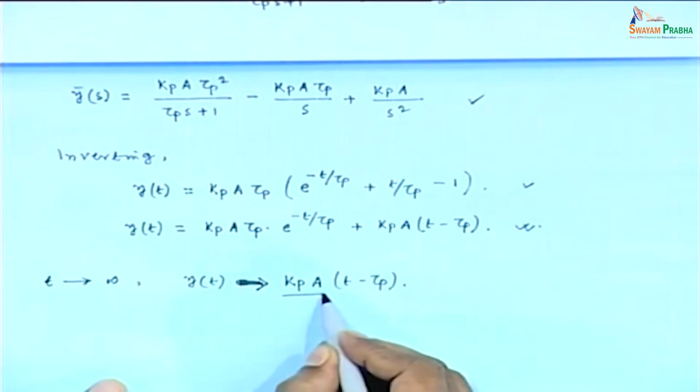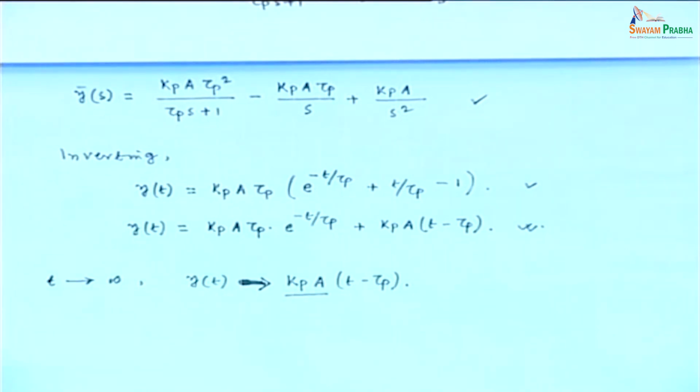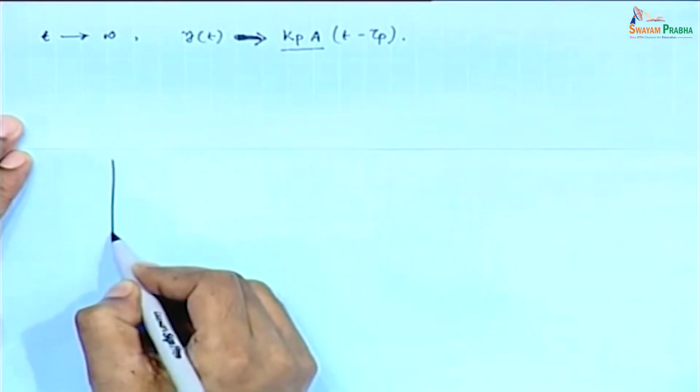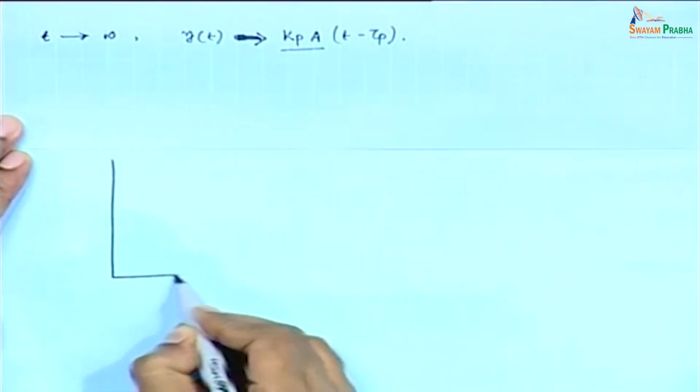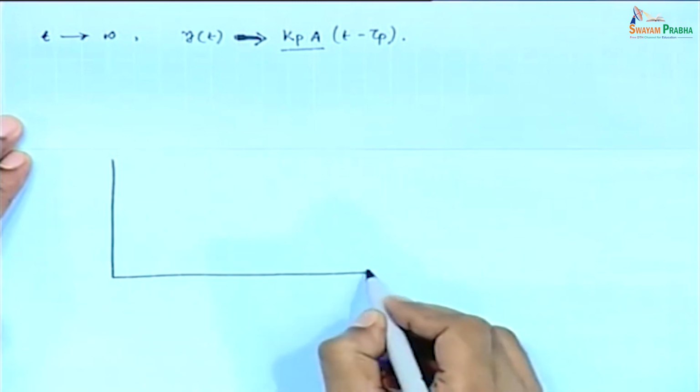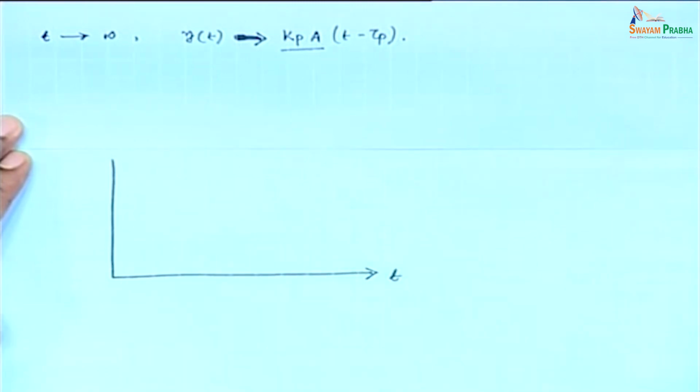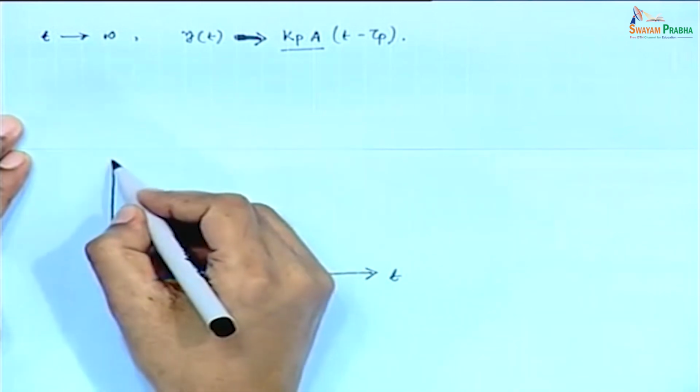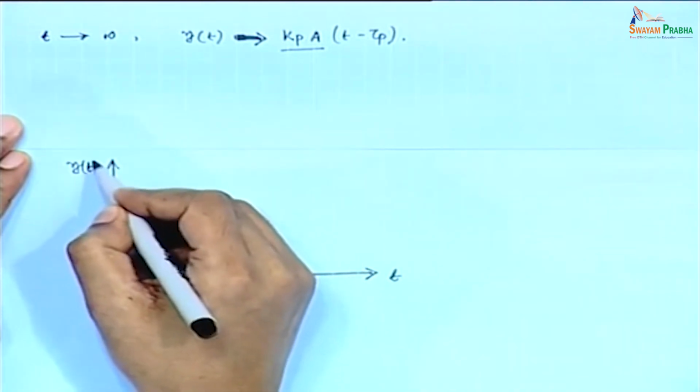This is the slope. And if we represent this graphically, then we get this plot. This is time t, this is y t.